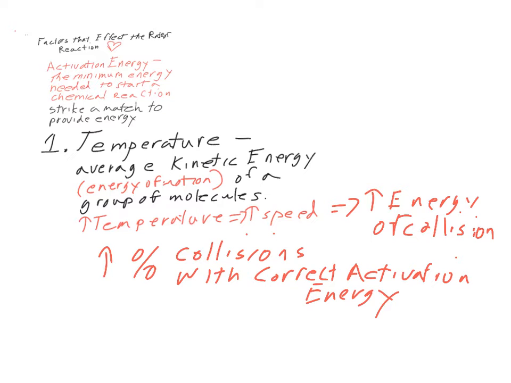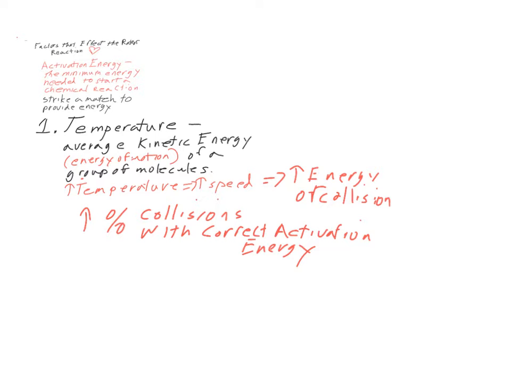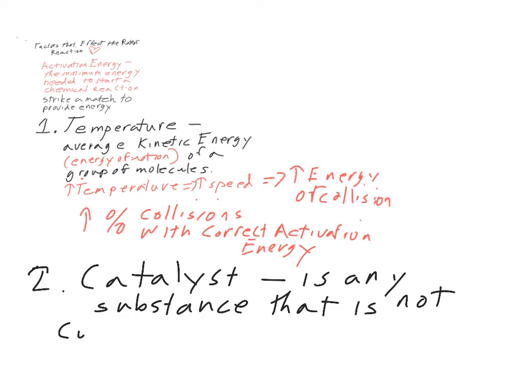Another way you can affect the activation energy of a chemical reaction is to use a catalyst. A catalyst is any substance that's not consumed in a reaction.